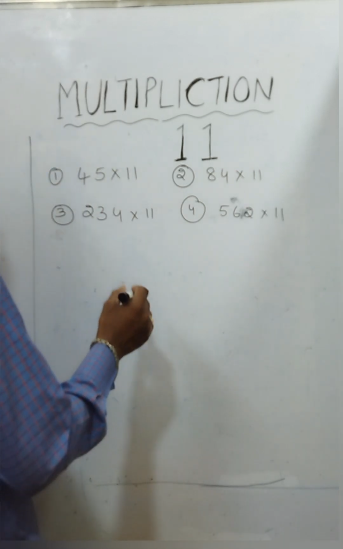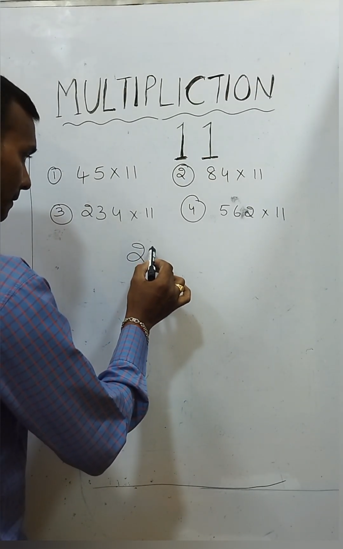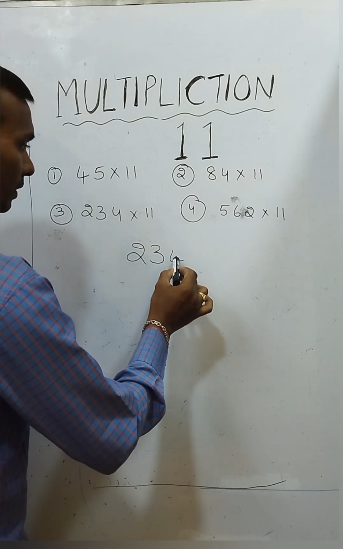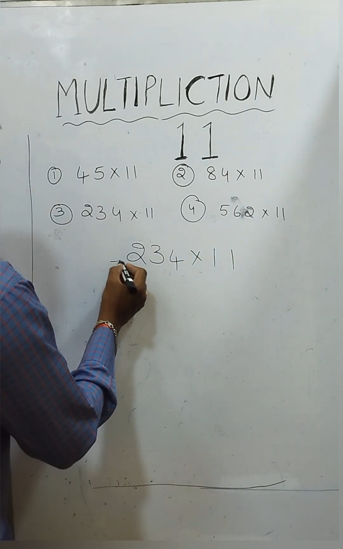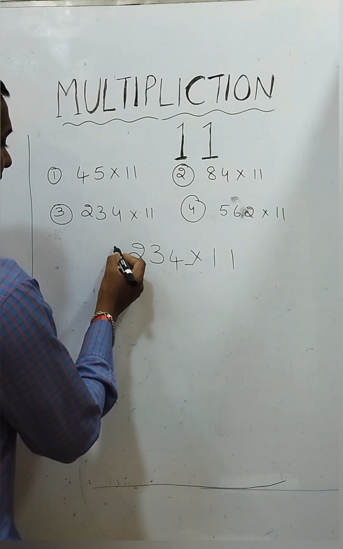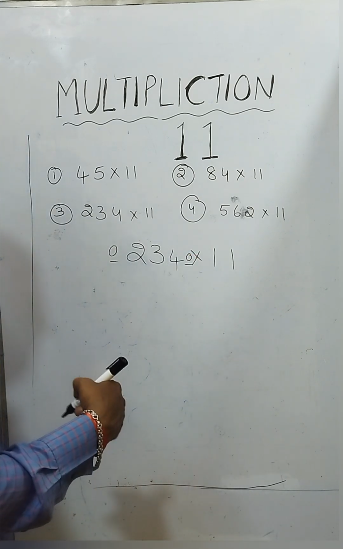Now we will see one more question. 234 into 11. First what we will do? We keep 1 0 in the beginning, 1 0 in the ending.